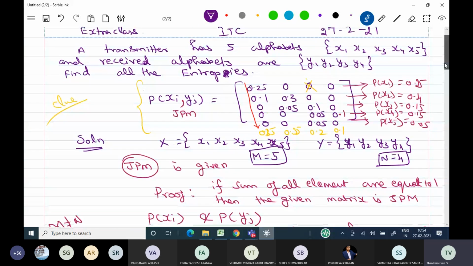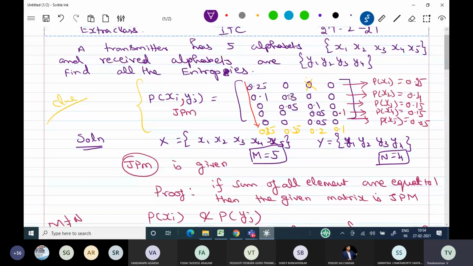Now the JPM is given. From the JPM, row wise, I have added the matrix elements and got the input symbol, source symbol probabilities. Column wise, I have added all the symbols and got the destination symbol probability values. We know that the sum of all the elements in the joint probability matrix is equal to 1.